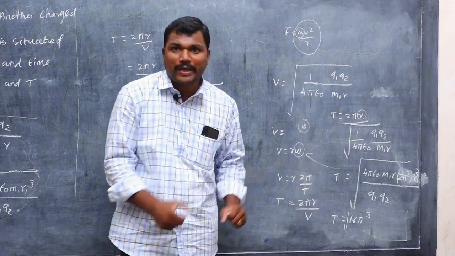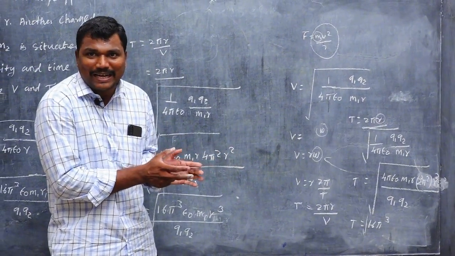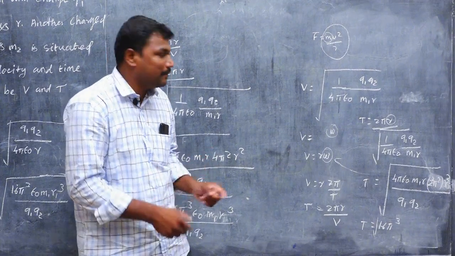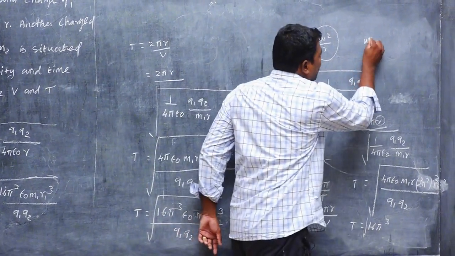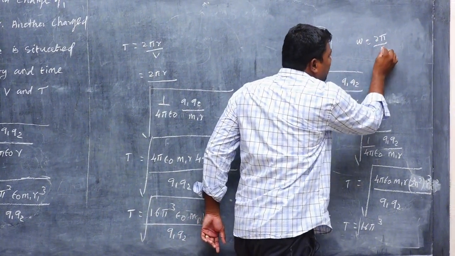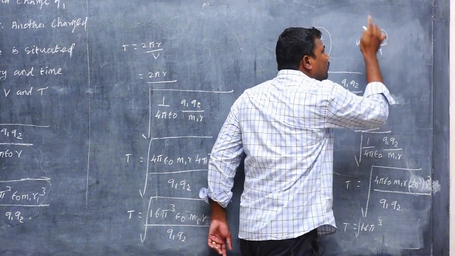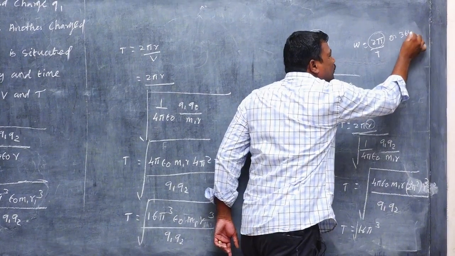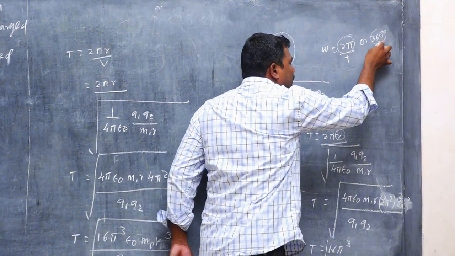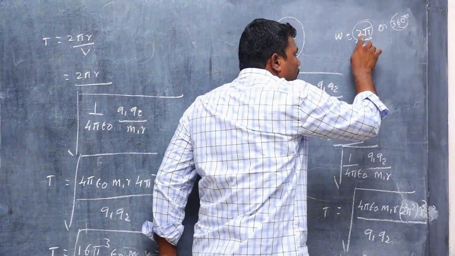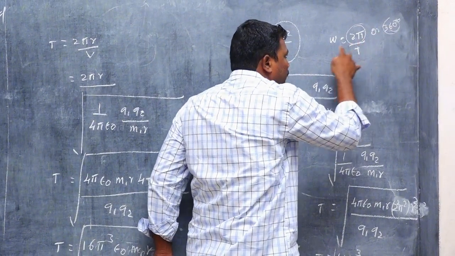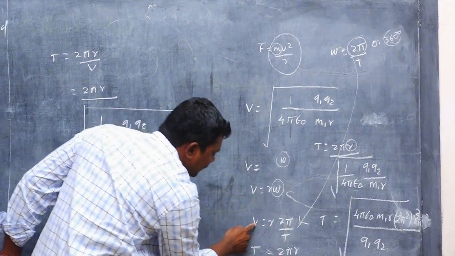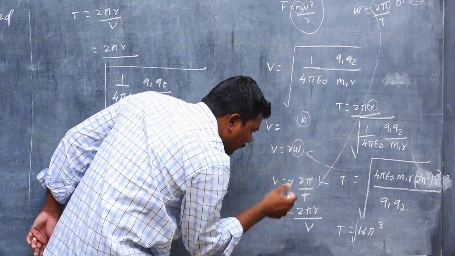Omega is angular displacement by time, and the angular displacement 2 pi is equal to 360 degrees. So omega is equal to 2 pi by T. Put in this value: V is equal to R into 2 pi by T.